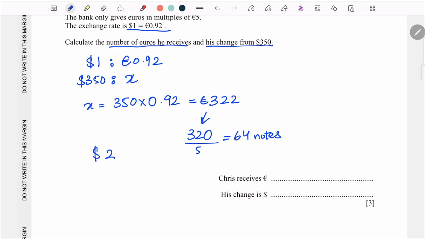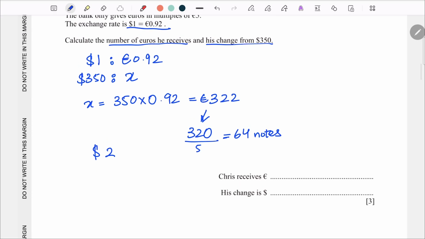If we convert this using the same ratio, $1 is equal to 0.92 euros. So from 322, if he is receiving 320 euros, only 2 euros will be left behind. If we convert 2 euros into dollars, $1 is equal to 0.92 euros.